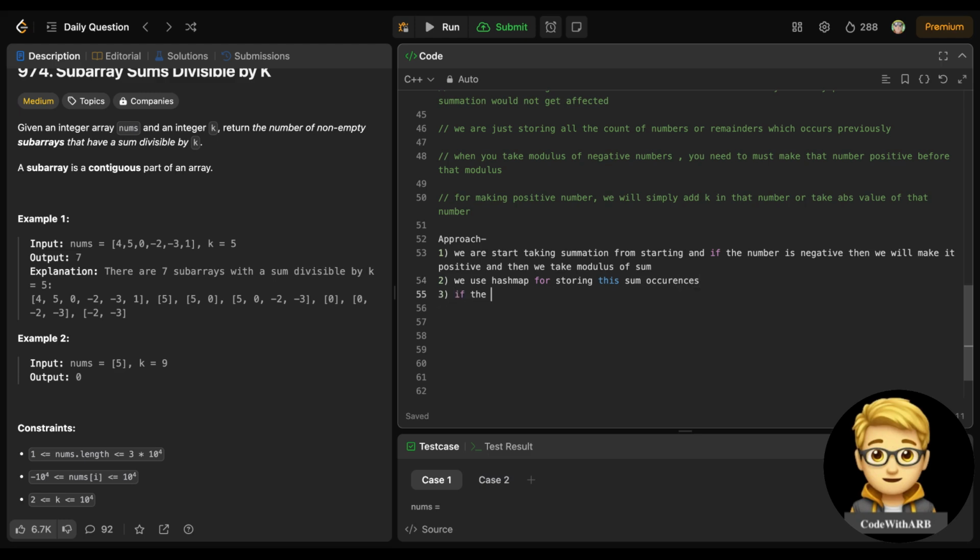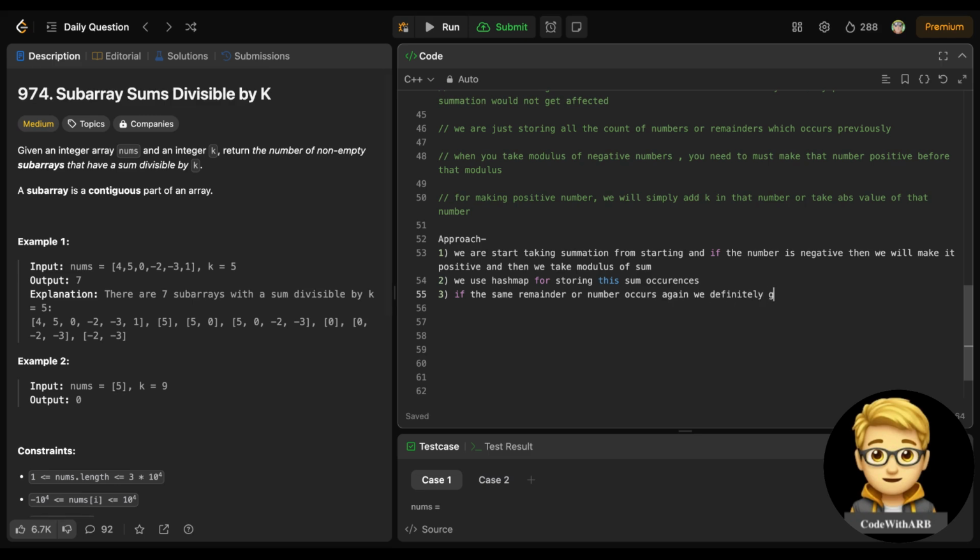If the same remainder or number occurs again, it means we definitely got a subarray. We definitely got a subarray, right?